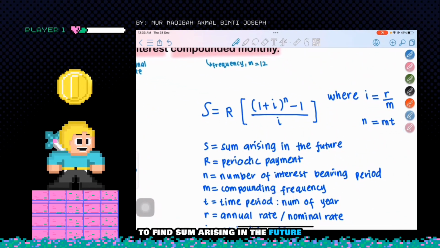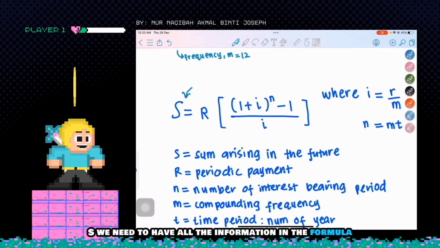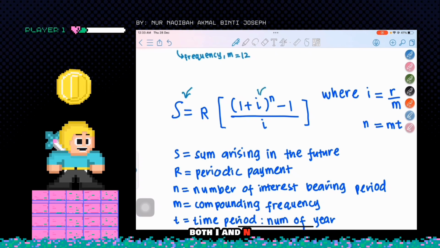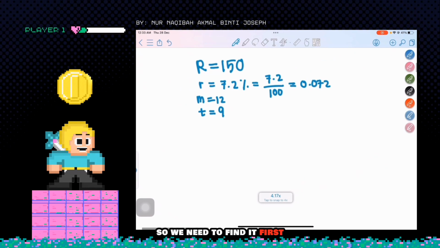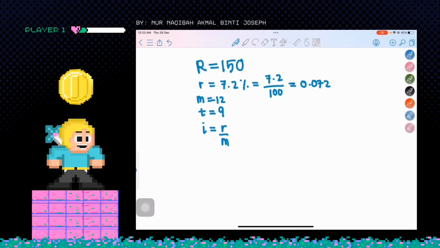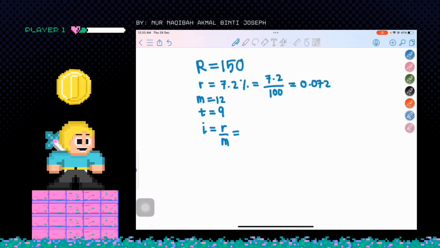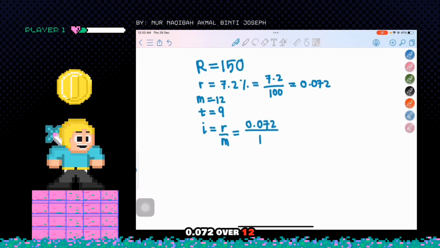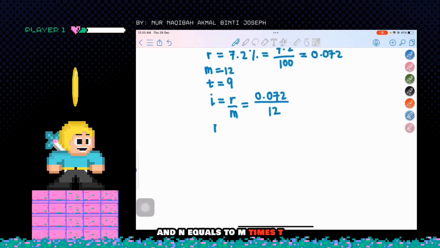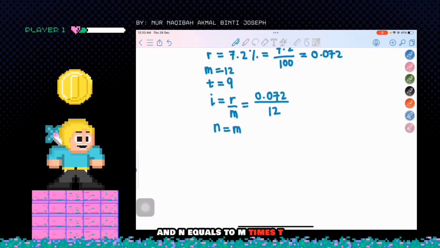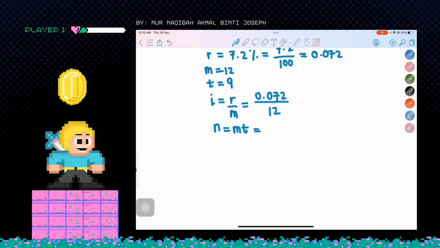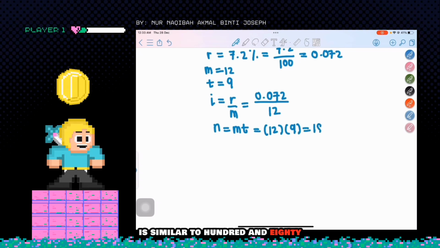To find the sum arising in the future, S, we need to have all the information in the formula, but i and n aren't here yet, so we need to find them first. i is equal to r over m, equal to 0.072 over 12. And n equals m times t, which is 12 times 9, equal to 108.